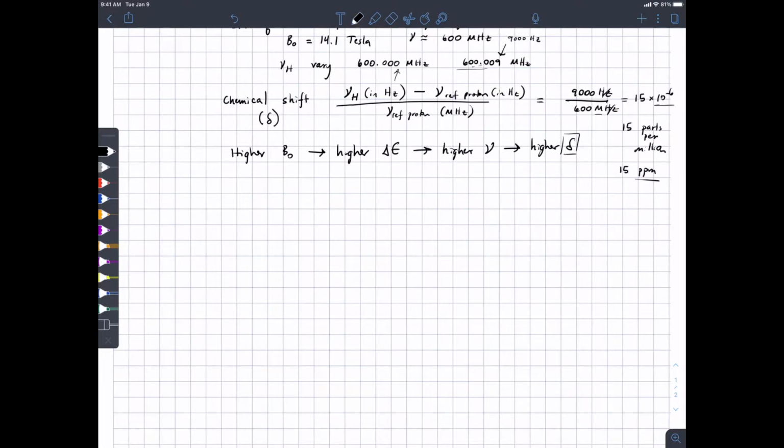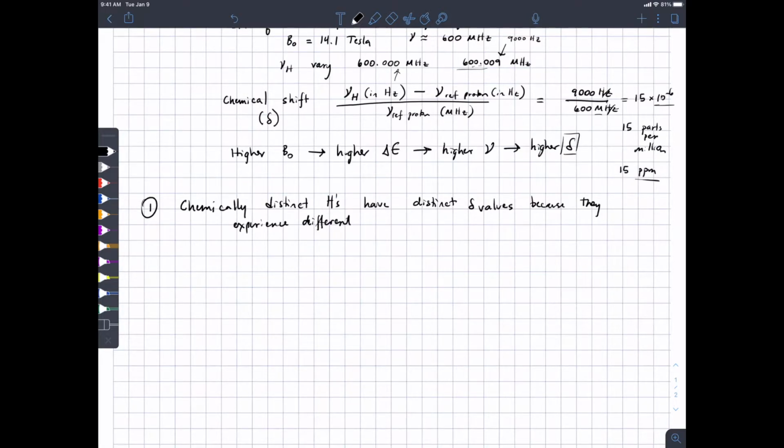Why is all of this useful? Principle number one is that chemically distinct protons have distinct chemical shifts, or values of delta. They have distinct values of delta because they experience different environments.